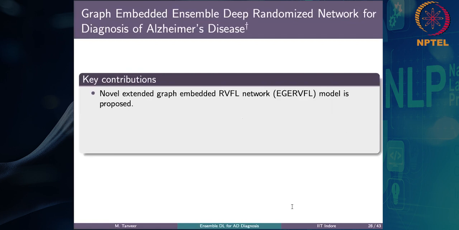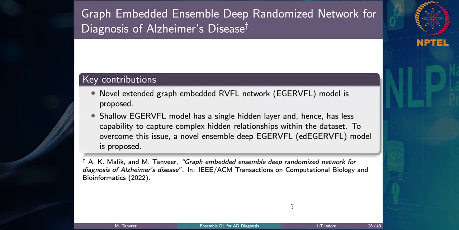So now I'm moving further to discuss another variant, graph embedded ensemble deep RVFL. So we can use here essentially the graph embedded approach in the RVFL network. And we further also have discussed its deep variants, ensemble deep variants.